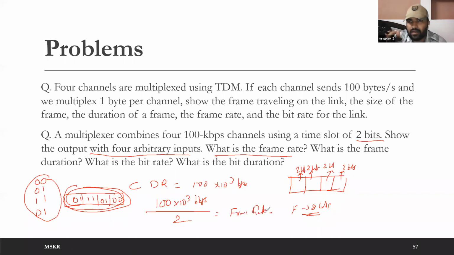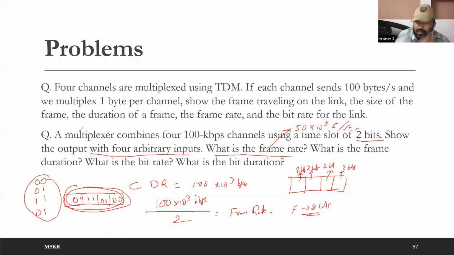Previously, in my first example, it was 1 bit for each frame, so we divided by 1. Now it is 2 bits for each frame from each user. So each user's individual data rate divided by the number of bits in each frame gives the frame rate. So 100 by 2, 50 into 10 power 3. So the frame rate is 50 into 10 power 3 frames per second.